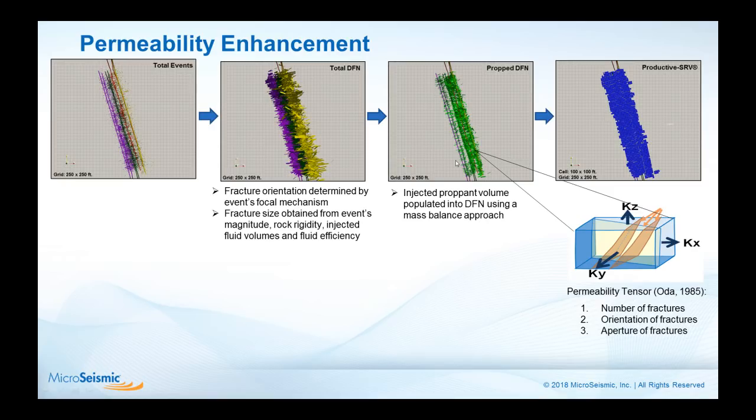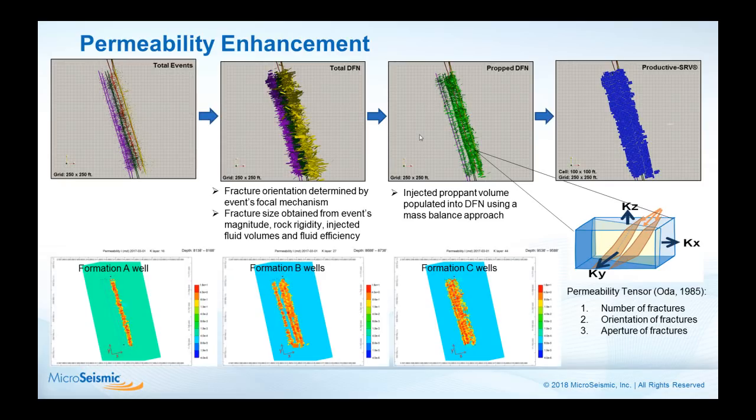In the next step, we put a geocellular grid around the DFN and calculate the permeability tensor in each cell based on the total number of fractures in that cell as well as their orientation and aperture. In the figures at the bottom, you can see the resulting permeability distributions in map view for all three formations. This will be imported into a reservoir simulator along with other data.